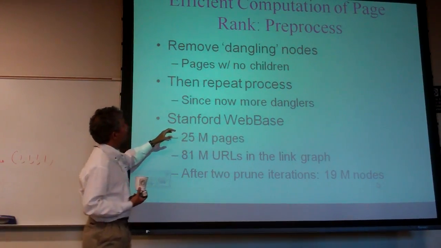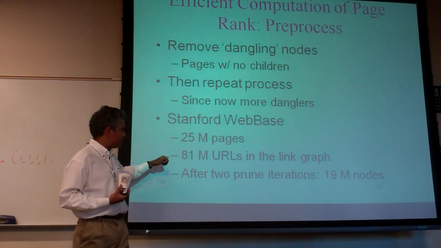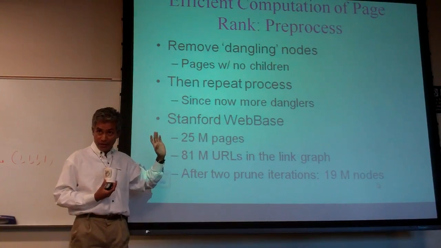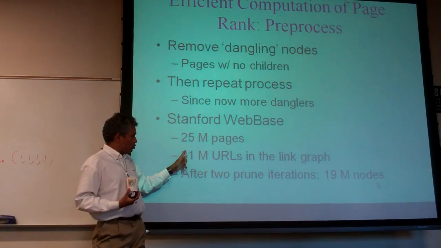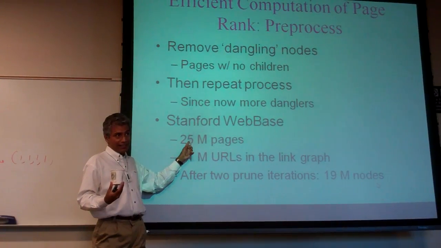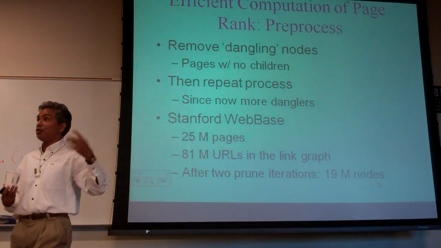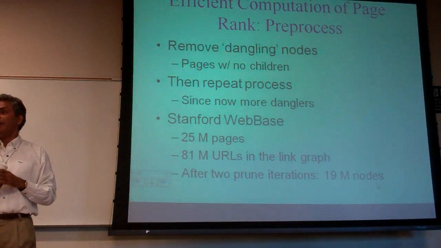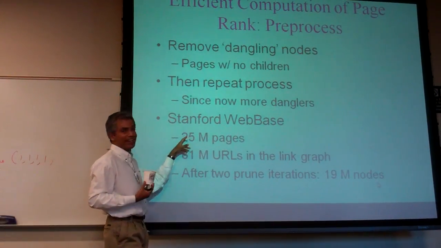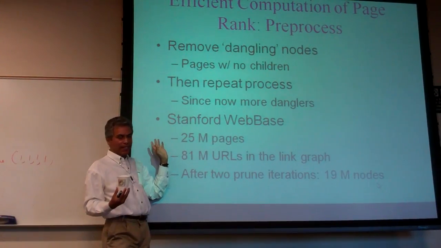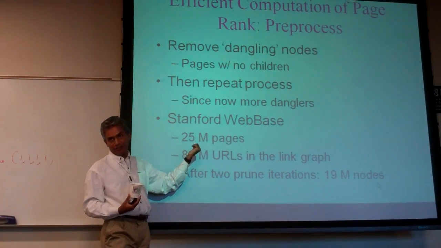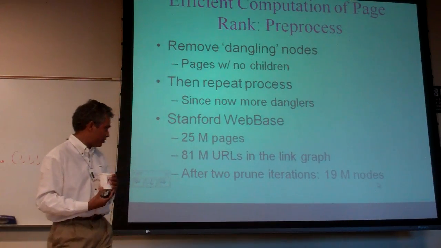You have 25 million pages and 81 million URLs listed. Notice that 81 is bigger than 25. That's okay, because each page might be pointing to pages that don't actually occur in the current set. If you have the entire web, then this number cannot be bigger than this. But if you take a piece of the web, then there may be more URLs going out than you have pages.